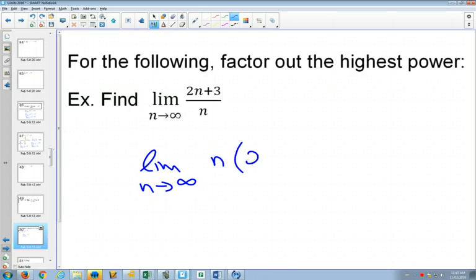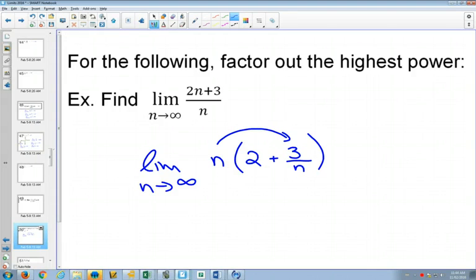I'm going to be left with 2, that part's easy, plus what? What would be here if I factored an n out of 2n plus 3? n times what would equal 3? 3n to the negative 1, or 3 over n, right? Does that make sense?